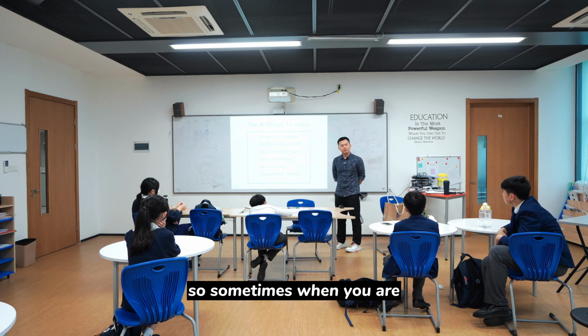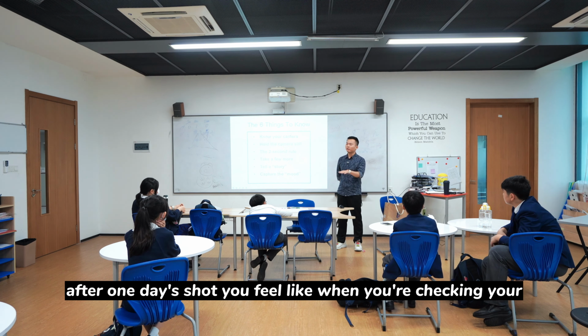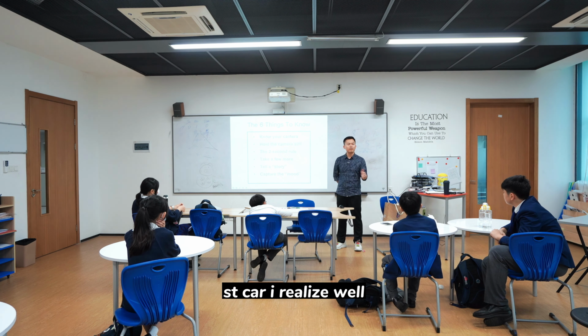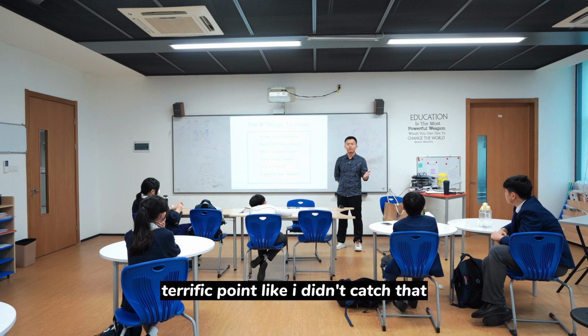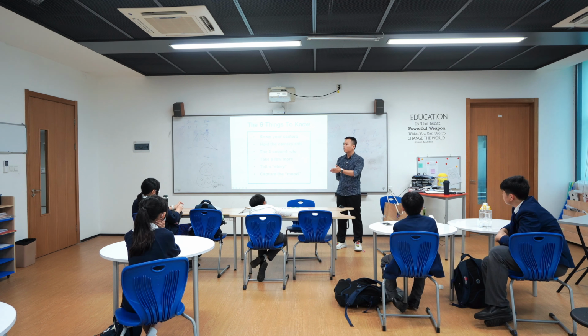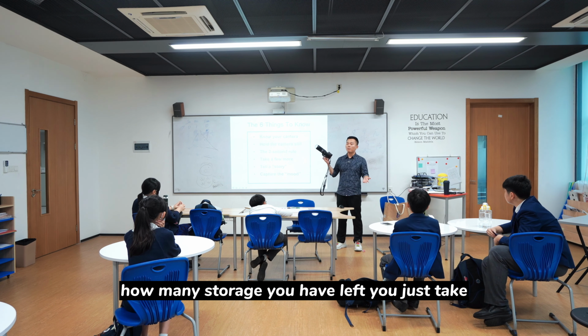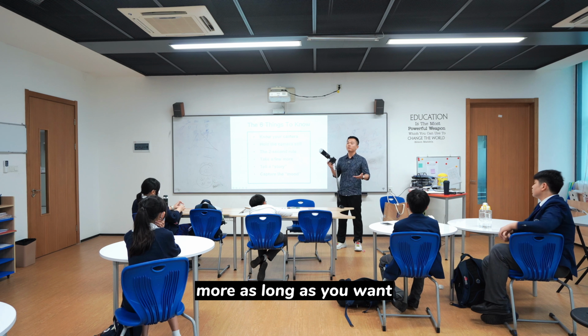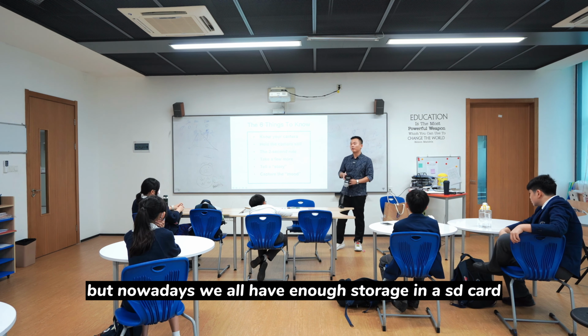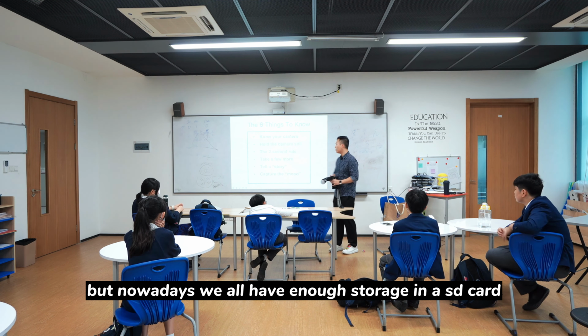Sometimes after a day's shooting, when you're checking your SD card, you realize, wow, I missed some terrific point, I didn't catch that highlight. So you don't need to care about the shutter or how much storage you have left. You just take more as long as you want. Nowadays we all have enough storage in SD cards.